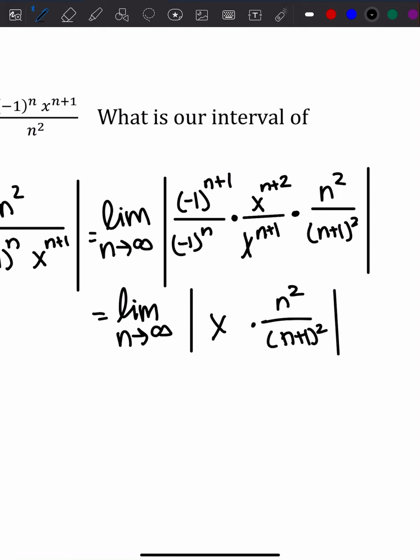This is just a way to do that without having to test every single value. So we're going to pull out this absolute value of x. It's not affected by our limit, so we can pull it out front, kind of like a constant, and still get an answer.